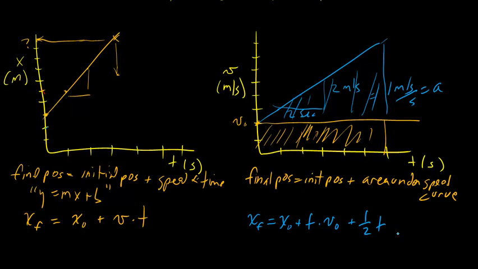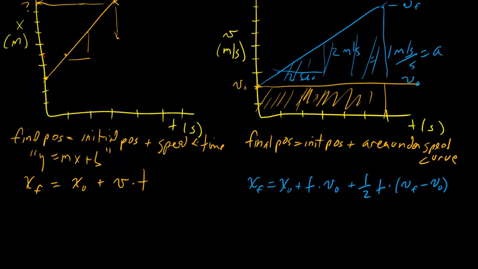Finally, I want to show that this equation can be rewritten in a somewhat different way, because I have initial speed there and initial speed there, and you'll notice that this is equivalent to x naught plus time times (vf plus v naught) over 2.